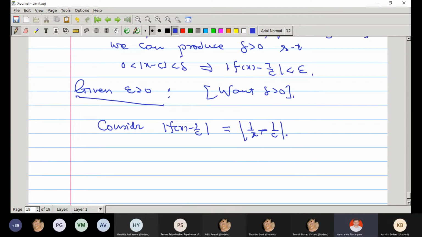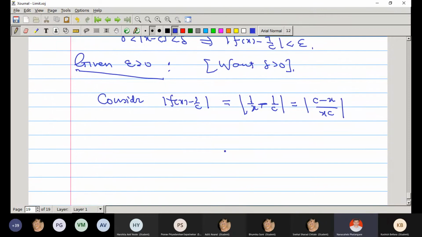What should be my next step from 1 upon x minus 1 by c? So I will simplify this further: c minus x upon xc, correct? So this is |x minus c| into 1 upon the absolute value of x into c. Anyhow, c is positive.